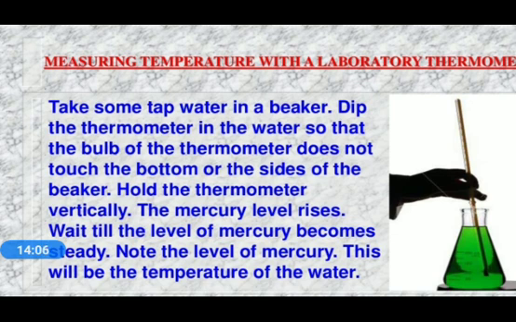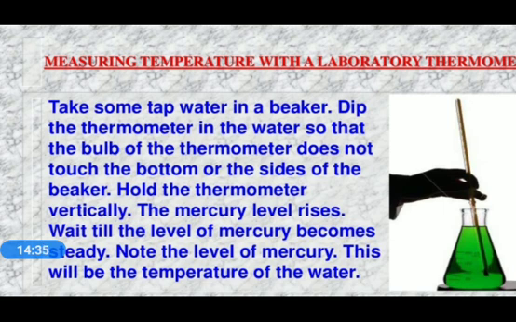Okay, now how can we measure the temperature with a laboratory thermometer? For this, we take some tap water in a beaker and dip the laboratory thermometer into the water so that the bulb of the thermometer does not touch the bottom or the sides of the beaker.